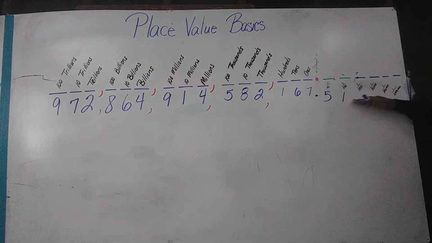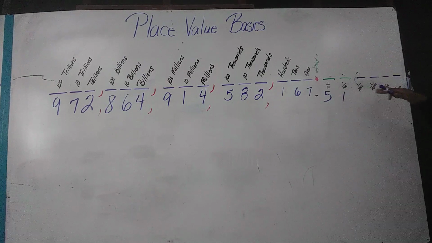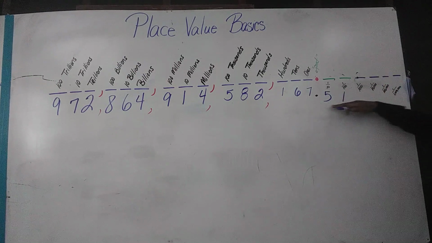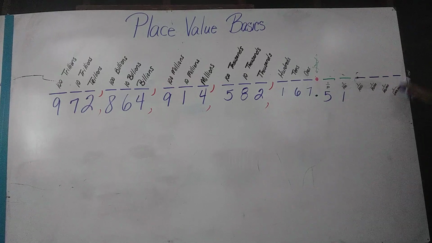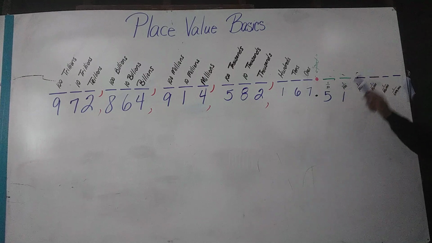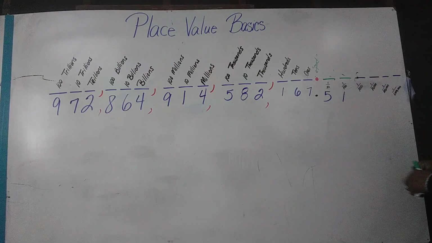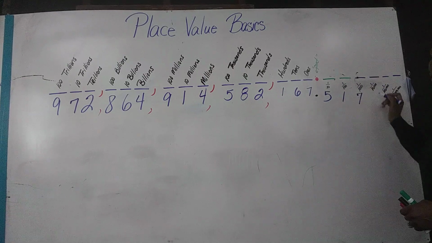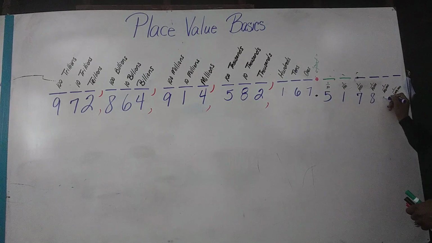Now, if I add some more numbers, I'm not going to say and 500 and, I'm not going to say the thousandths or ten-thousandths or hundred-thousandths. I'm just going to say 0.51 blank, blank, blank. So let me just say I put a 7, 8, 3, 4.